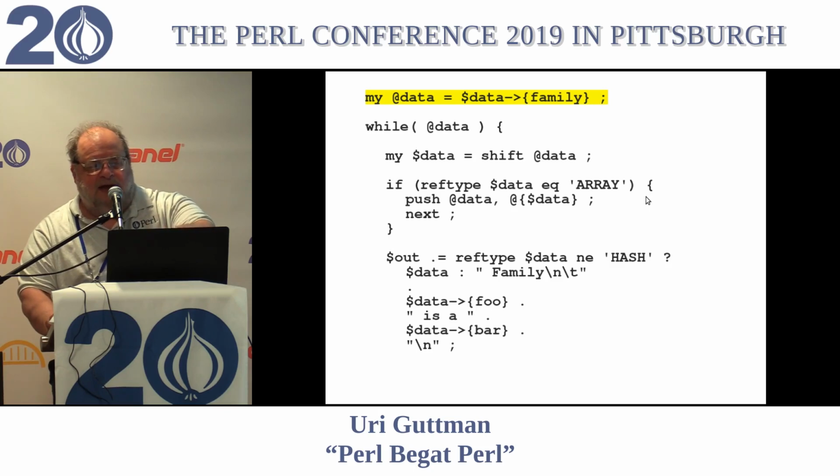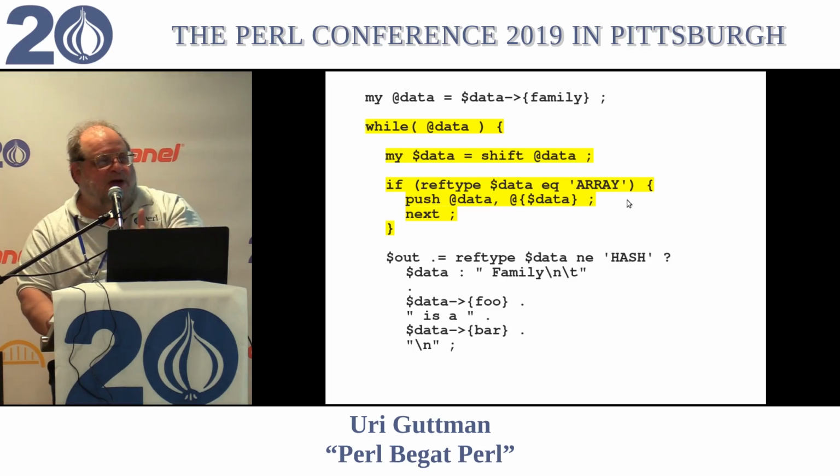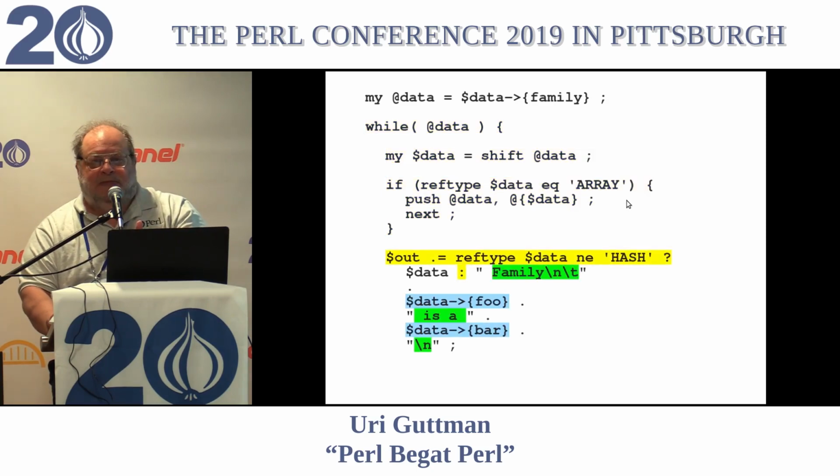So the array data now is what's under family. Title is top level, family is a list of hashes. So here, it's the same while loop, data equals shift data, and all that. This is the same code we had in the first level, but we're just generating it at a deeper level.